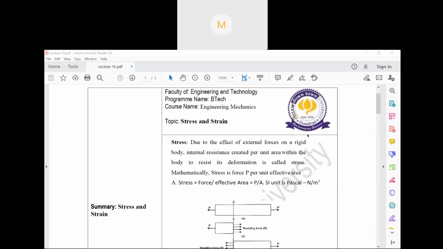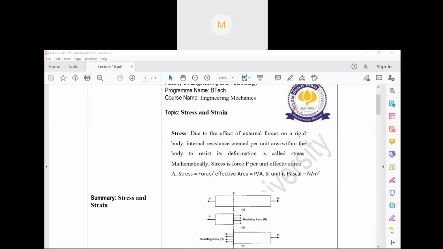Now I'm telling you one example. Suppose some force is applied on our body, but initially the body does not get deformed. Yes or no? That means the body is resisting the deformation. How does it resist that deformation? Actually, that is known as stress.